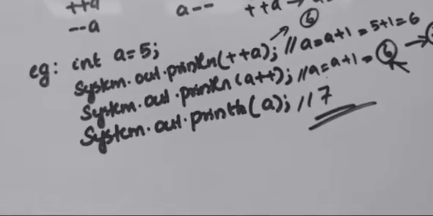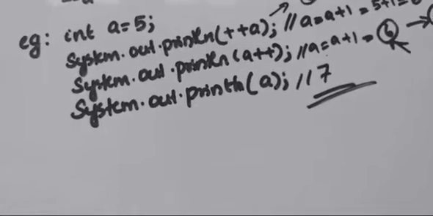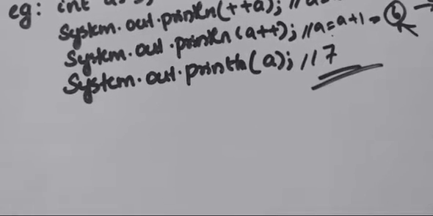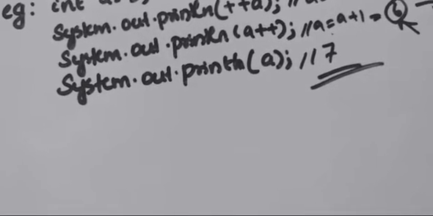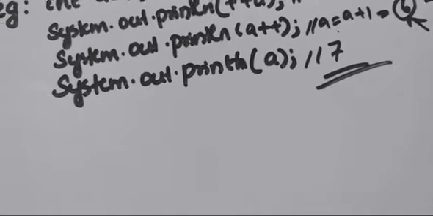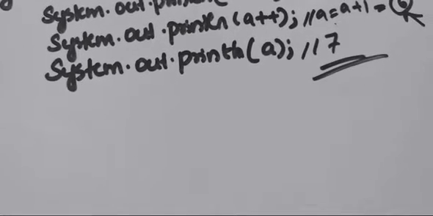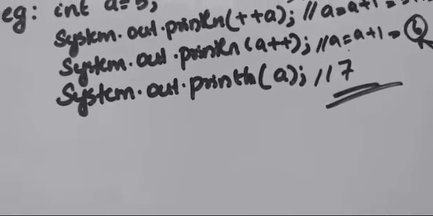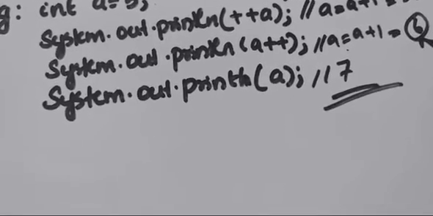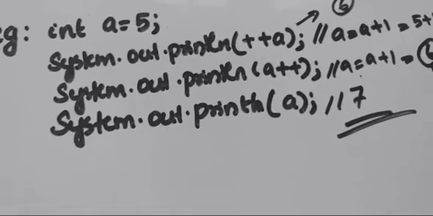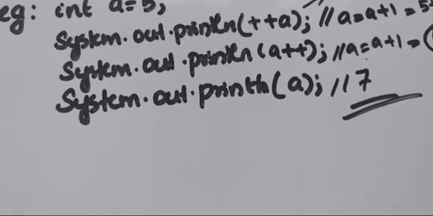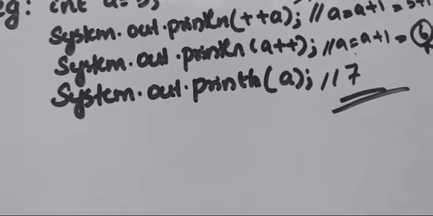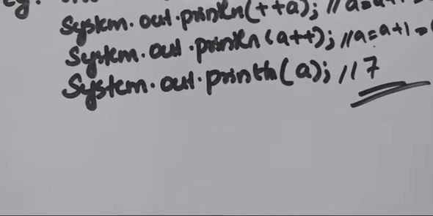In pre-increment, the rule is that first increment, then use. Okay. So we are incrementing and using in the same equation. But in post-increment, what are we doing? First use, then increment. First we use that variable's value as it is, and we update that value by 1 in the computer memory.